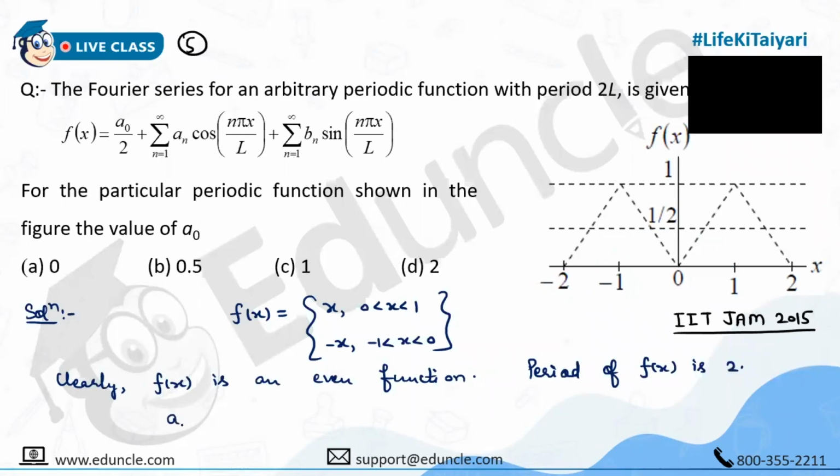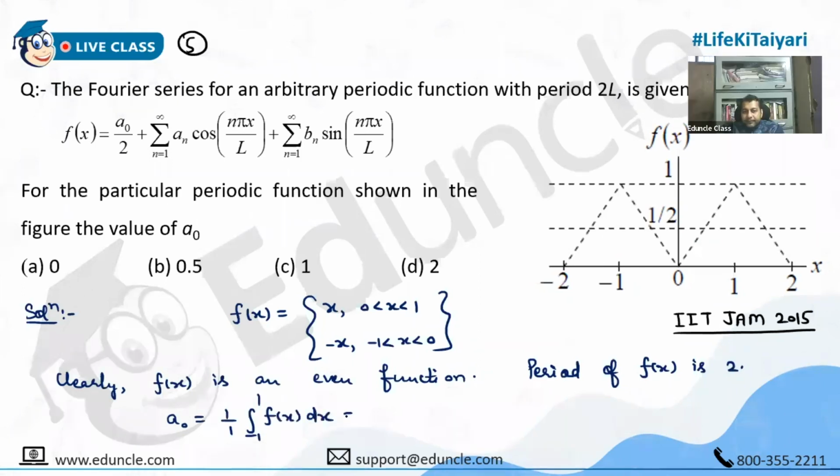So a naught will be, because it is usually half of the period, and from 0 to 1, it is x only. And they are asking us about a naught only. So C option is the answer.